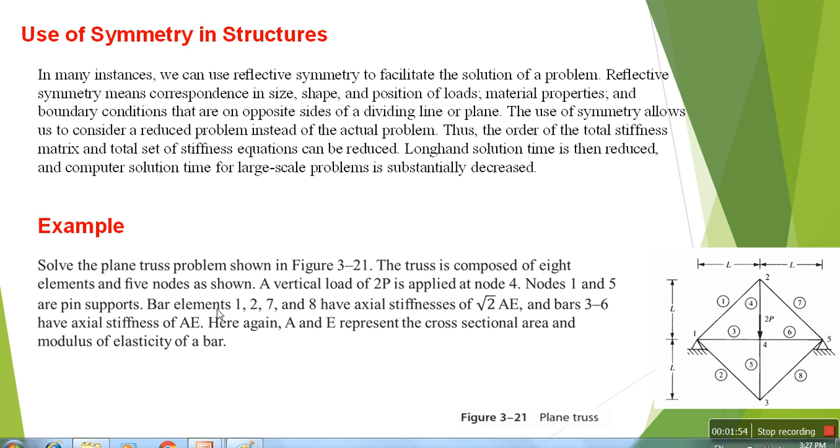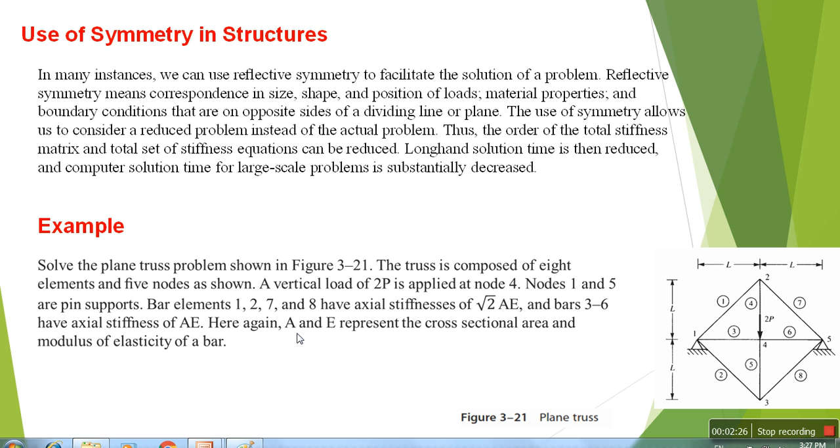Bar elements 1, 2, 7 and 8 have axial stiffnesses of square root of 2 AE, and bars 3 to 6 have axial stiffness of AE.